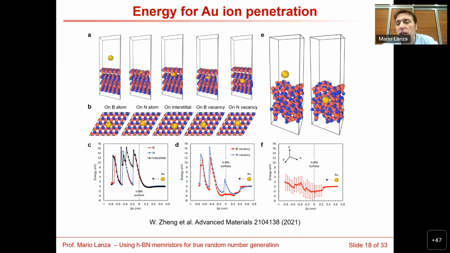And if we have a material that is completely amorphous, the energy that we need to make this atom penetrate is much, much lower. So I think this is very interesting because it shows that the native defects in the CVD grown multilayer hexagonal boron nitride have different electronic properties.